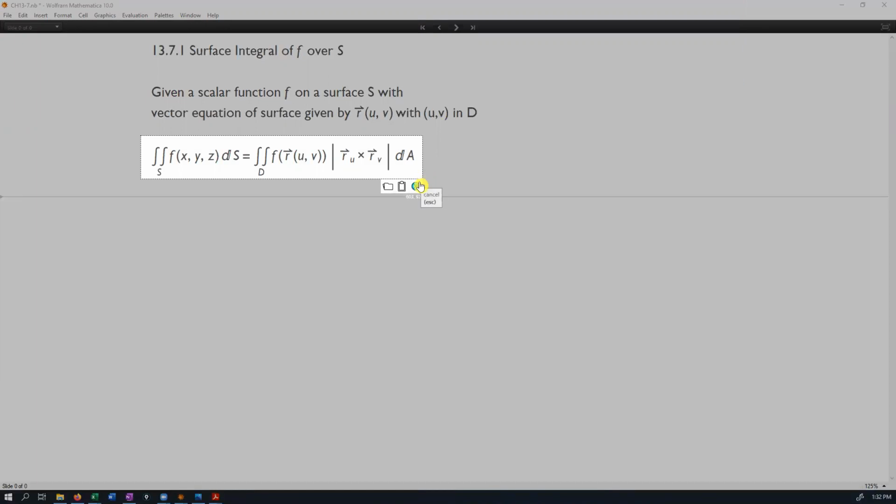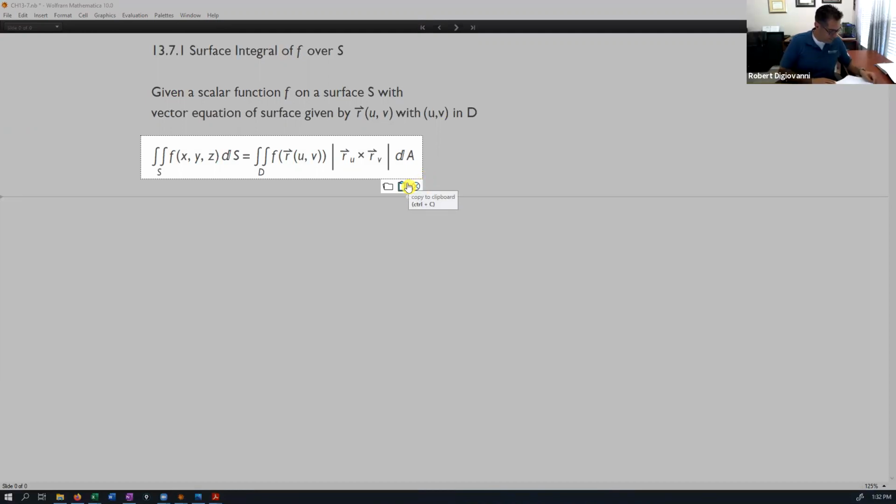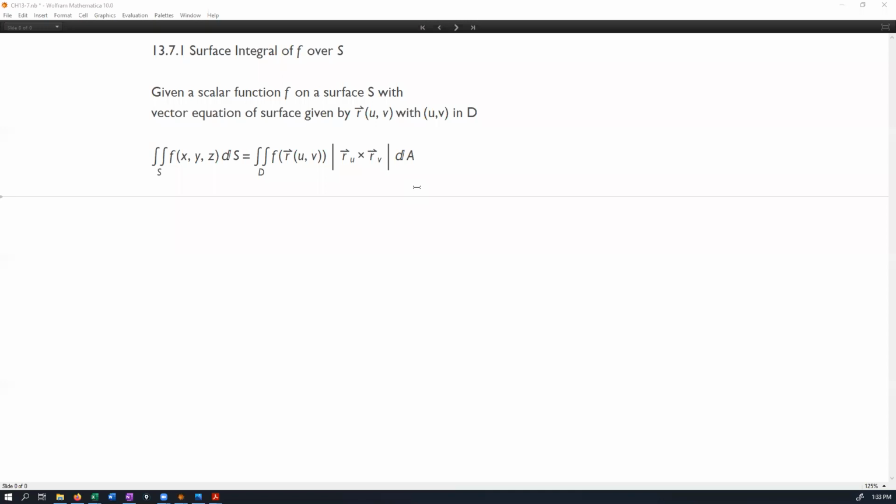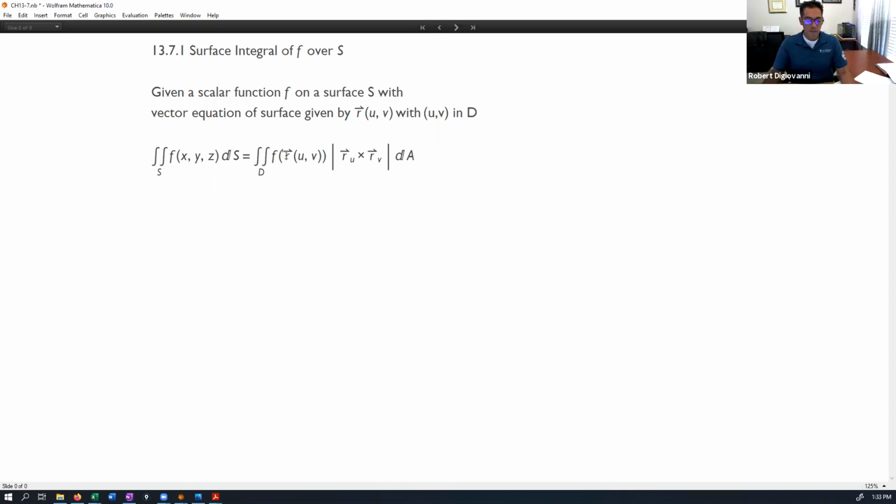Can I ask a question? Of course you can, Daniel. What's up? If our scalar function f is dependent on x, y, z, then how are we plugging in a vector function of two components? Oh, never mind. That could return R3. I'm forgetting that. No, good question.